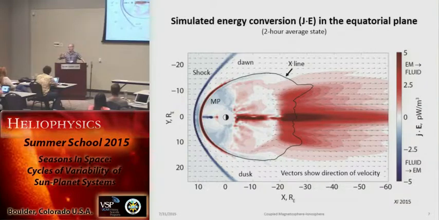But the night side continues to just churn and percolate. It's a very dynamic region. And so not surprisingly, the conversion of electromagnetic power to fluid energy, primarily to fast flows in the magnetotail, is spread out. The black line there shows you the X line in this case, where there's a magnetic null in the equatorial plane. This is for a condition with due south IMF. And you see flow velocity vectors on this plot as well.